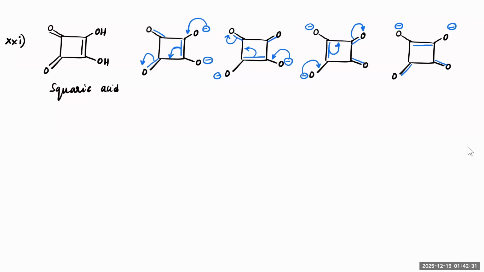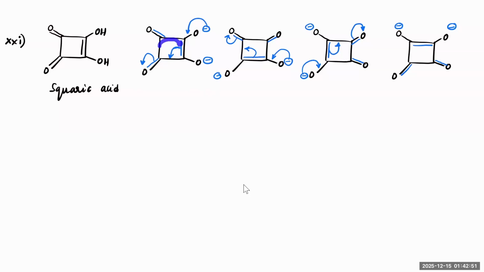Have you noticed something? The pi bond was here, now it is here, now it is here, and now it is here. That means it has completed the complete ring current structure. So if the ring current is completed, what do we call it?